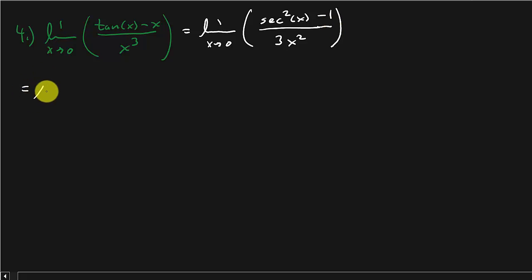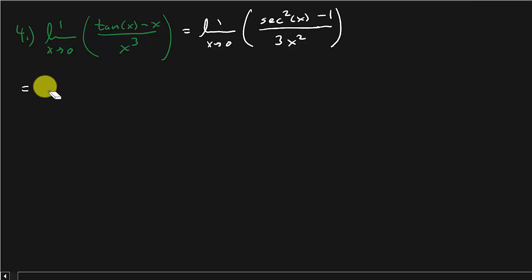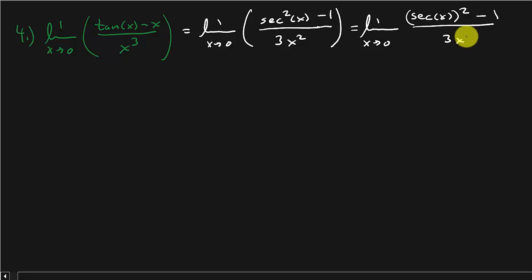So that's going to be the limit as x goes to 0. Now we've got to take the derivative of secant squared x. So that's chain rule. Now what I'm going to do here first before I do that, I'm going to rewrite secant squared x. I'm going to write it like this so maybe it'll help you see it better. That's secant x, squared, minus 1 over 3x squared.